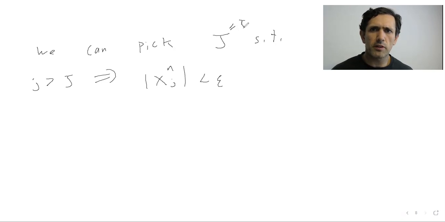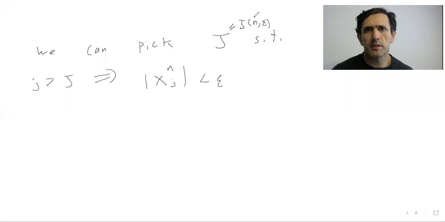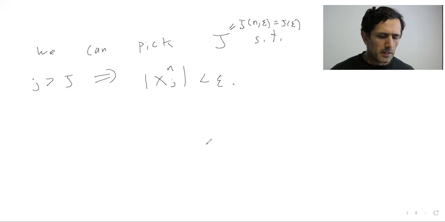So let's be careful. This depends on n and epsilon. Well, that's a bit silly because n depends on epsilon, so this really just depends on epsilon. Because again, little n just depends on epsilon. I guess epsilon over 2, but whatever, it doesn't matter.